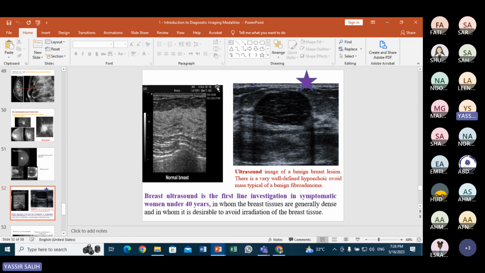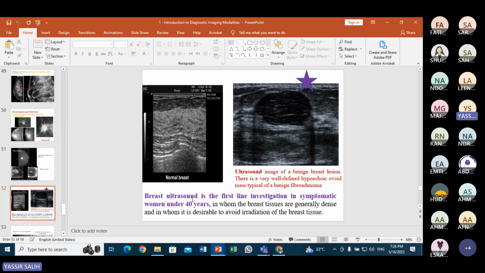If the patient has a breast lump, what is the appropriate imaging technique or modality? This depends on the age. If the patient is a woman under 40 years, ultrasound.